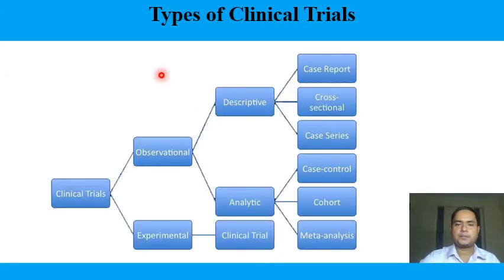Now we will learn about the types of clinical trials very superficially, because I will cover this topic in our next lecture. So there are two main types of clinical trial or study, that is the interventional or experimental study and the observational clinical trial study.